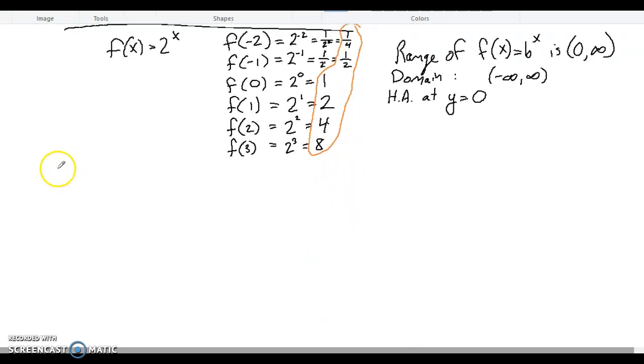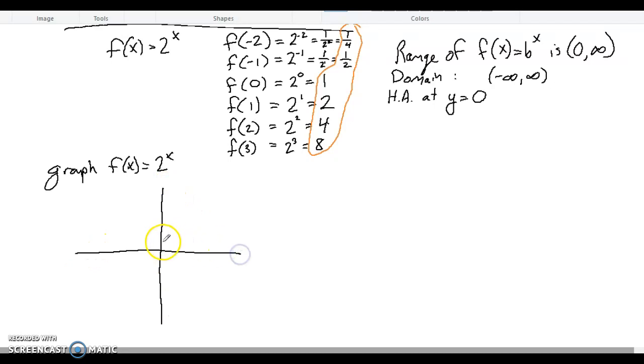So let's go ahead and graph this one. This will be a rough sketch. Let's see, we went through 0, 1. When we went on the negative side, things became fractional.